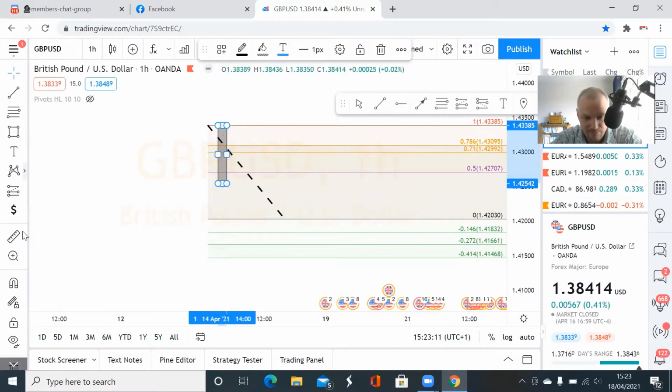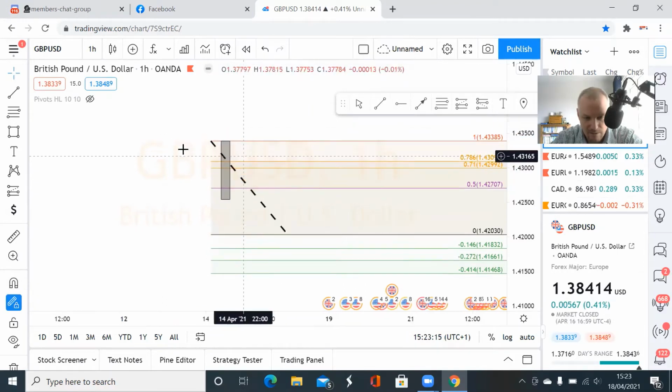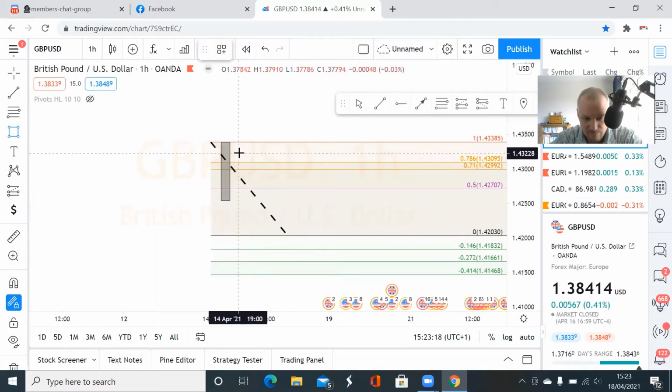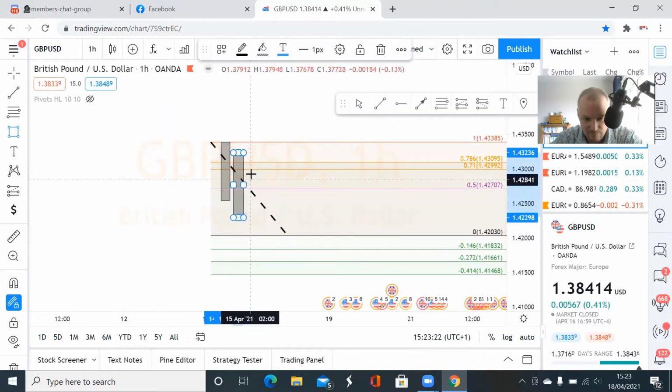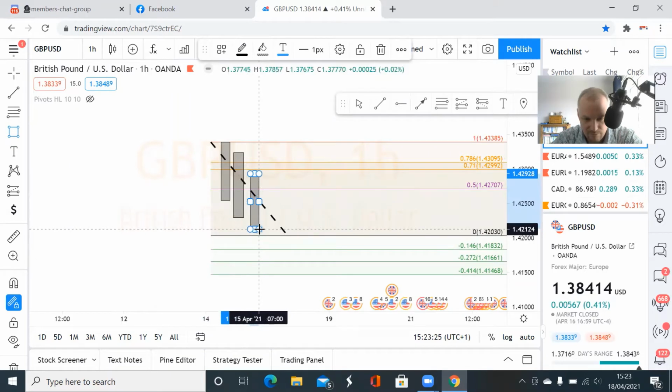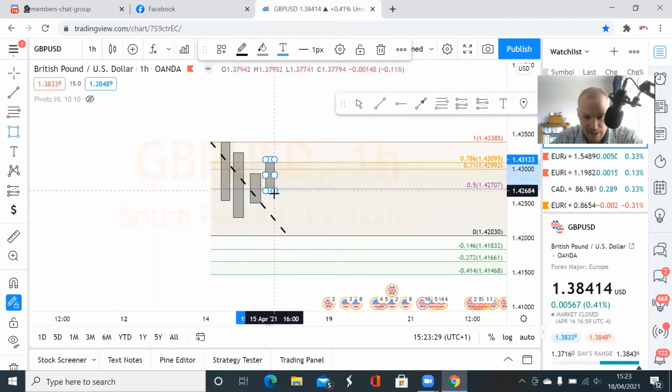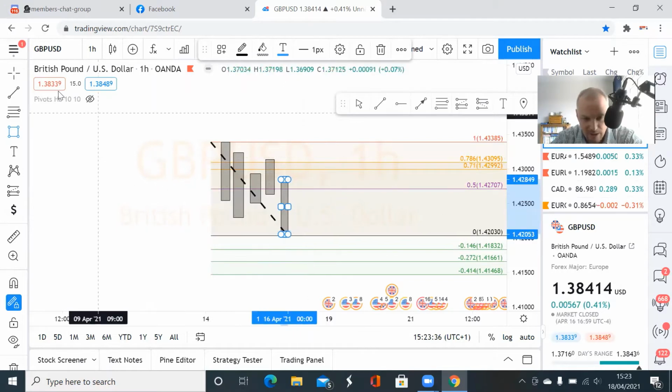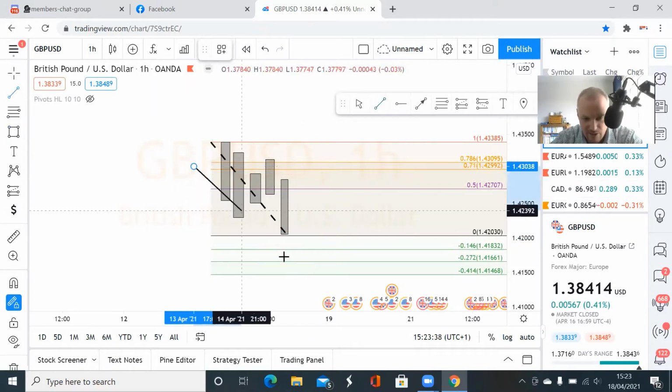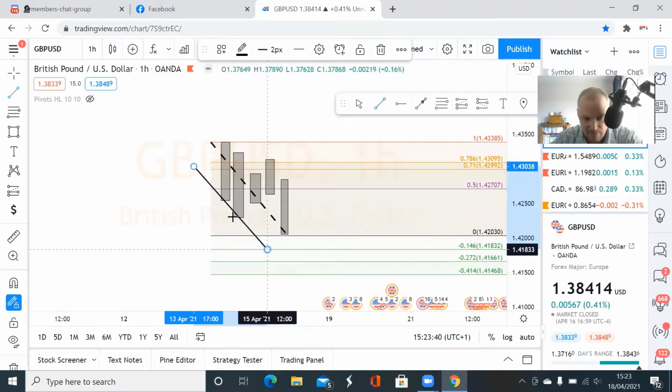I'll not color these in. You know how the candles are, but what we've got is that slight trend line coming down. In fact, that's a bad place to put the trend line coming down.